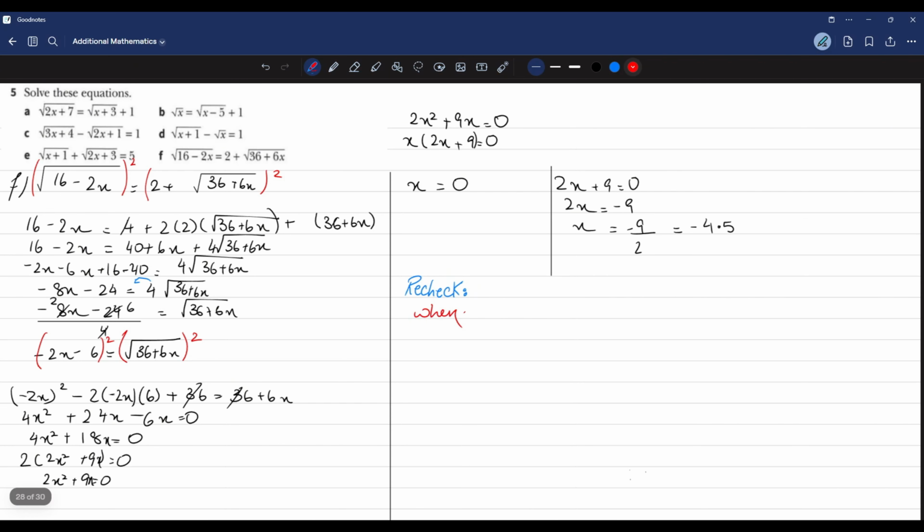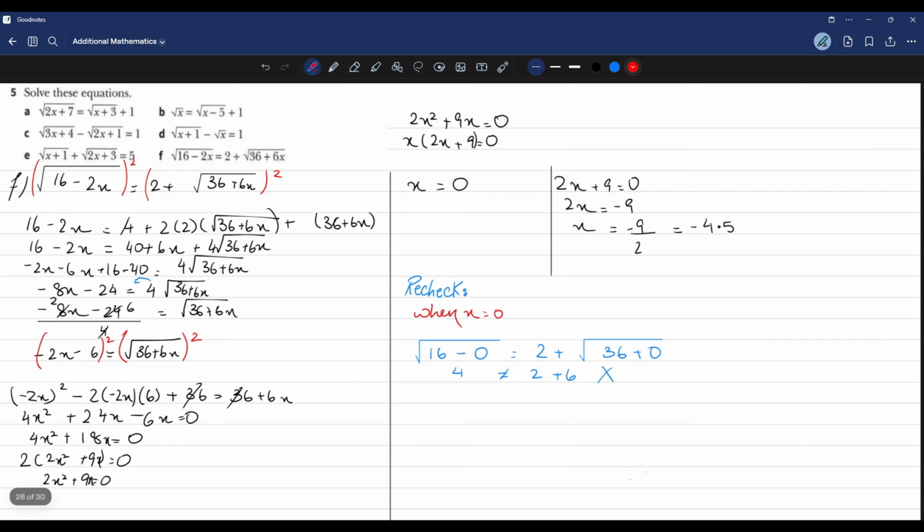So when x is equal to 0, we have the equation square root of 16 minus 0, which is 0, is equal to 2 plus square root of 36 plus 0. So basically, we have square root of 16 is equal to 4, which is not equal to 2 plus 6. So this is wrong.